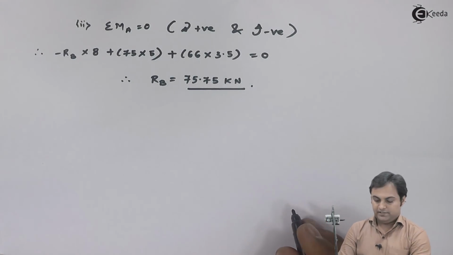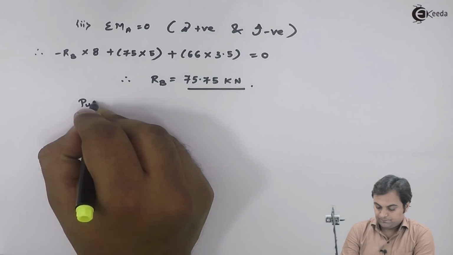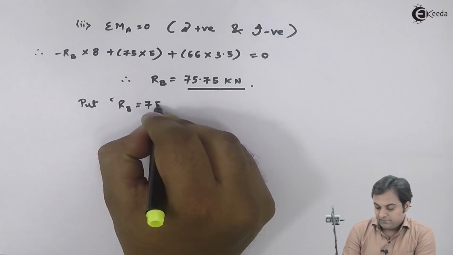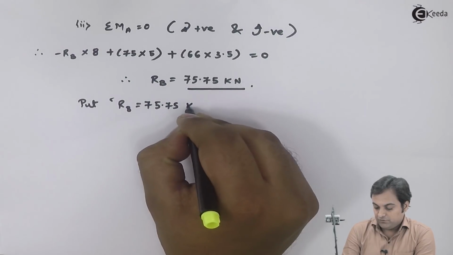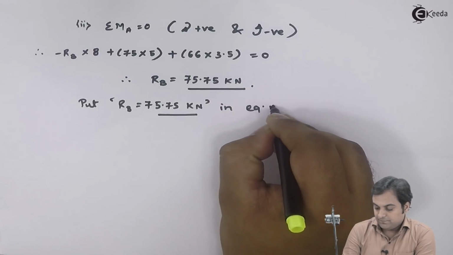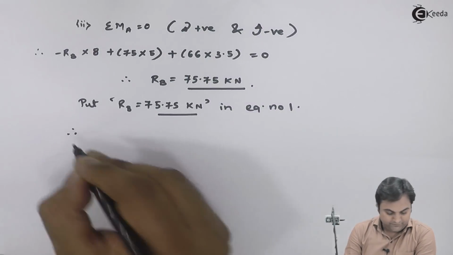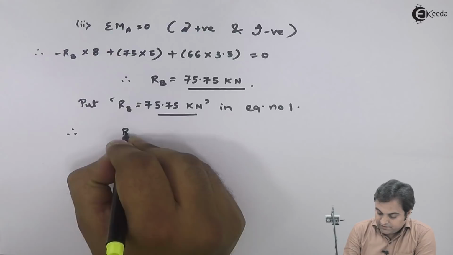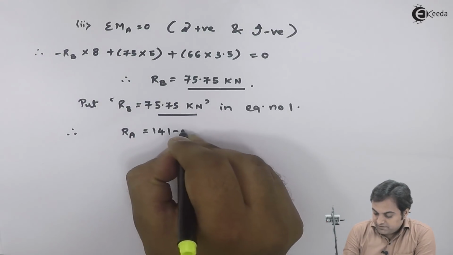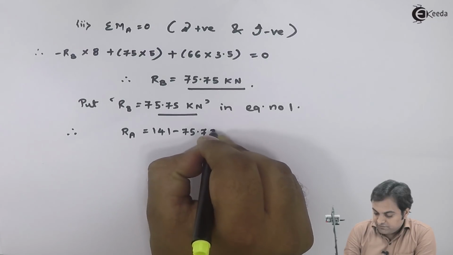After getting RB, I will say put RB is equal to 75.75 kilonewton in equation number 1. Therefore, here I have RA will be equal to 141 minus 75.75.